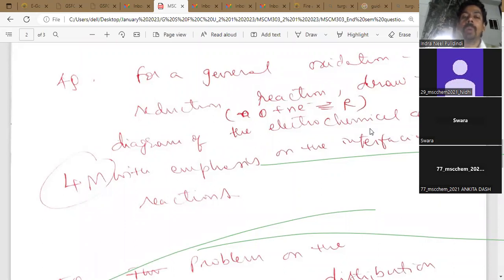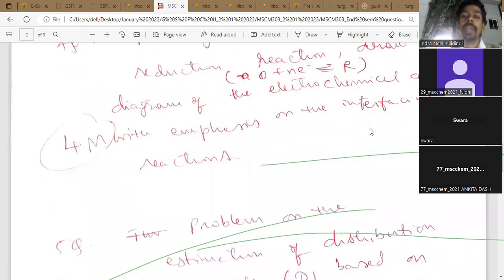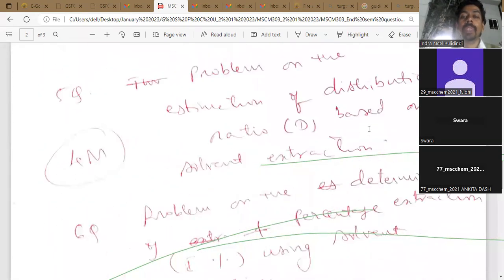Understand how the 3-electrode cell looks like: working electrode, auxiliary electrode, reference electrode. How are they arranged? Then at the electrode, write the emphasis on the interfacial reactions.